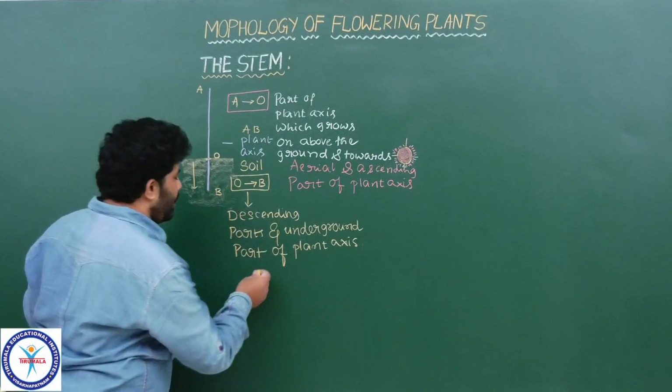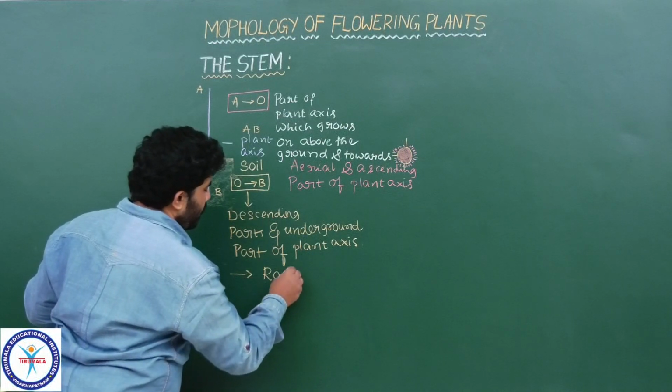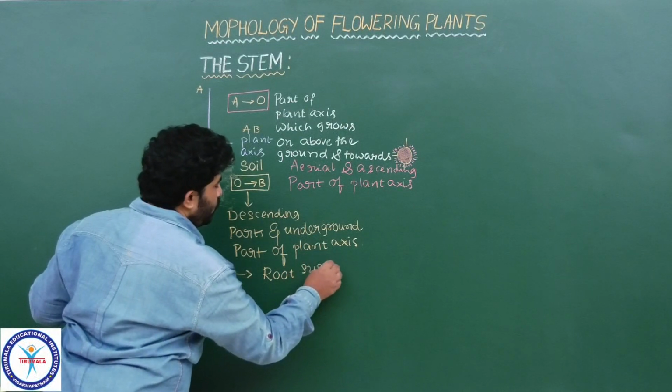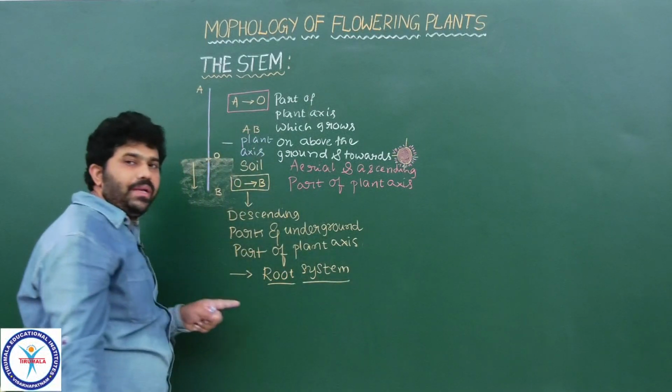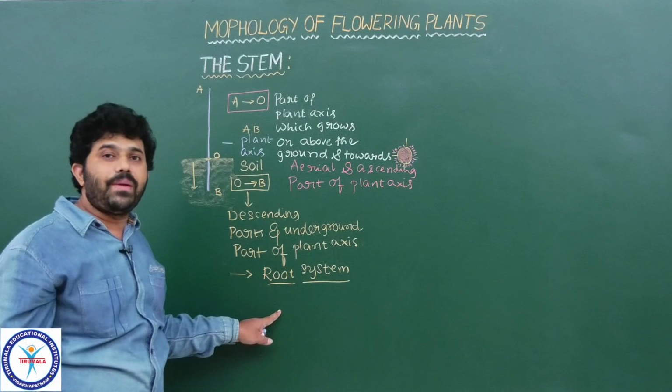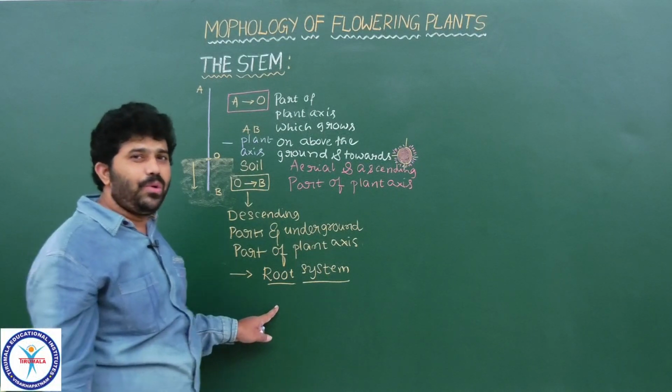That is what we are calling it. It is said to be the root system, which develops from the radicle. Root system is developed from radicle, you know.